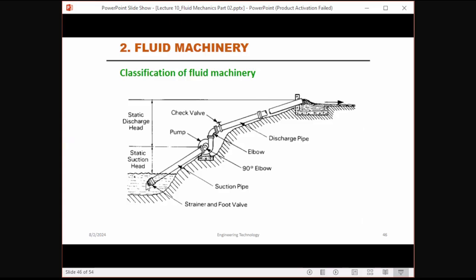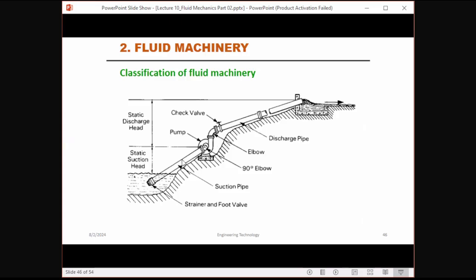This is a foot valve. Then here you can see the suction pipe fixed with the pump. Here you can see a centrifugal pump, and this is the suction pipe connecting at a point here. Then here you can see the discharge line, the outlet line.